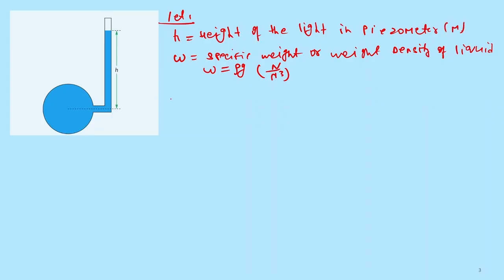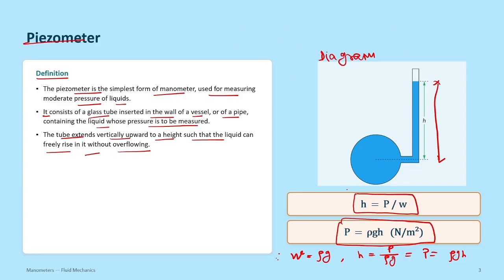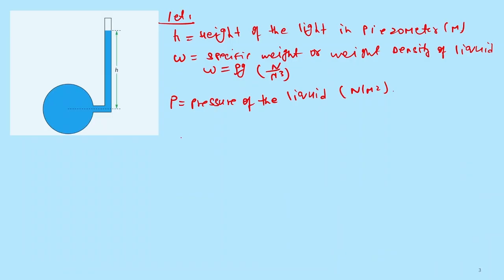And we can also write P equal to pressure of the liquid, and its unit is Newton per meter square. So from the previous step, we can say that h equal to P by W, meaning height of the liquid equal to pressure upon specific weight.